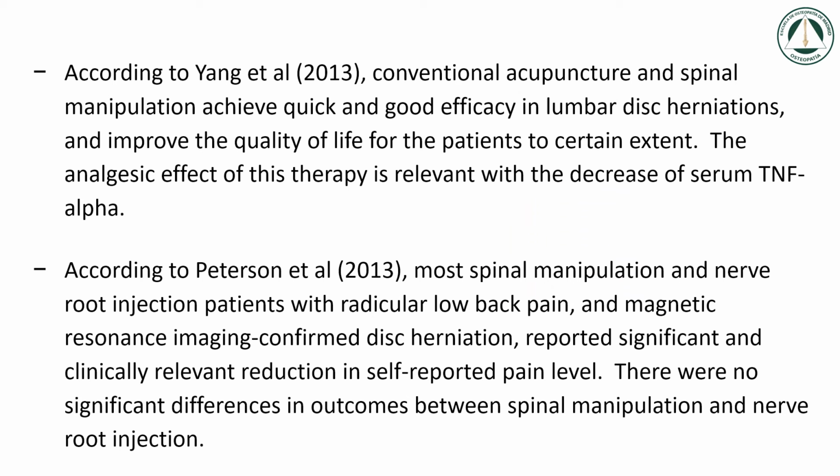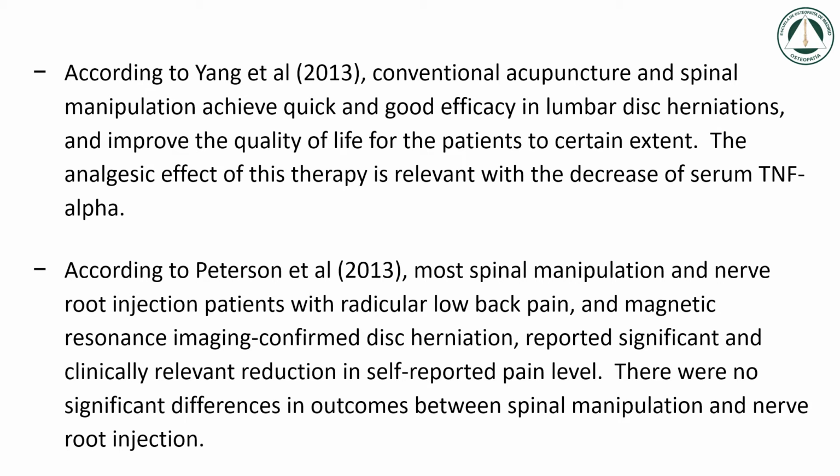According to Yang et al., 2013, conventional acupuncture and spinal manipulation achieve quick and good efficacy in lumbar disc herniations, and improve the quality of life for the patients to a certain extent. The analgesic effect of this therapy is relevant, with the decrease of serum TNF-alpha.